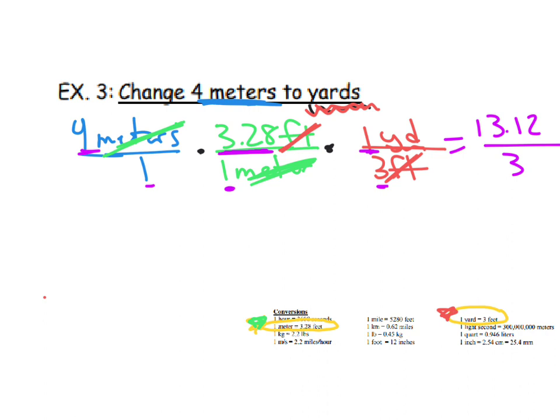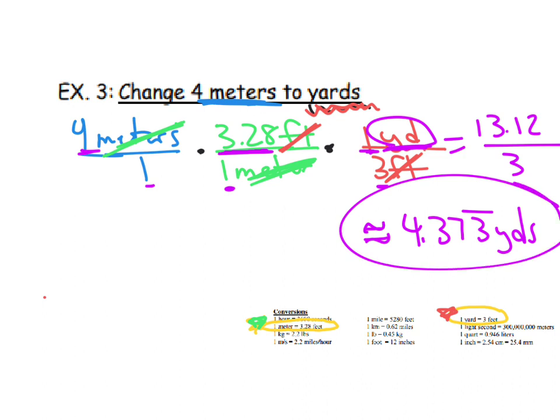We'll divide that out. So 13.12 divided by 3 is approximately 4.373 repeating. And our only unit left is yards. So 4 meters is the same thing as 4.373 yards.